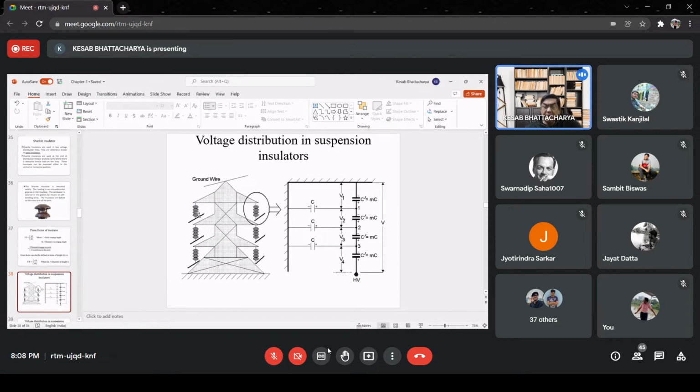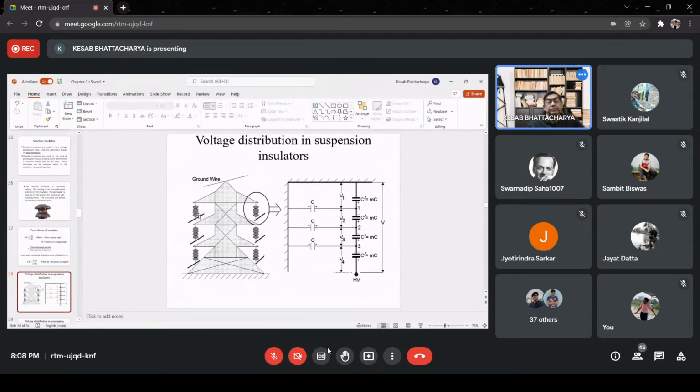Do you remember that? How suspension insulators are formed? Yes, sir. Therefore, we have between two live potentials, insulators and metals also, both.